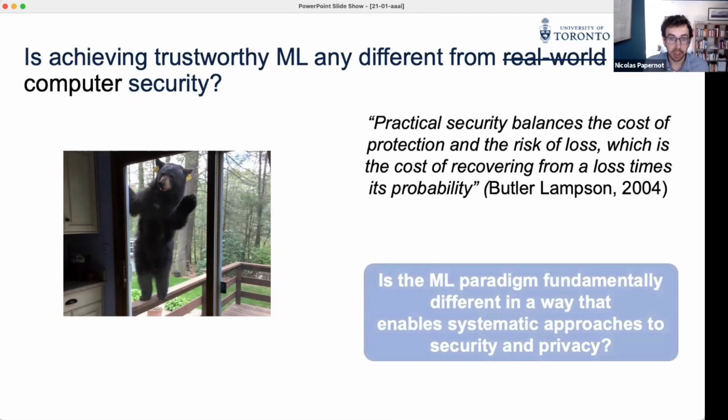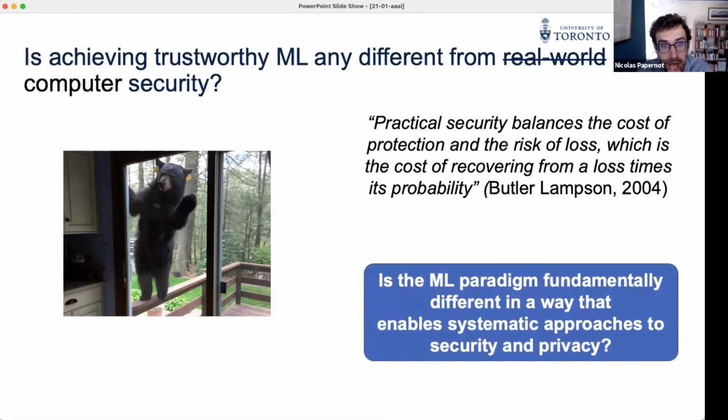And so one thing in particular that I want to comment on is that in other areas of research on the security of machine learning, we've seen an arms race that is very similar to other areas of computer security, where just like in the real world, there is work that needs to be done to balance the cost of protection with the risk of loss, and you can't really break this arms race.